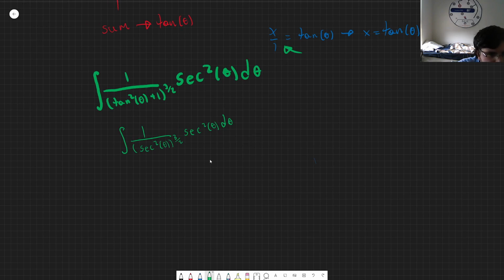So plugging that in, what we're having here is secant squared theta to the 1/2, and we're going to get secant cubed theta.